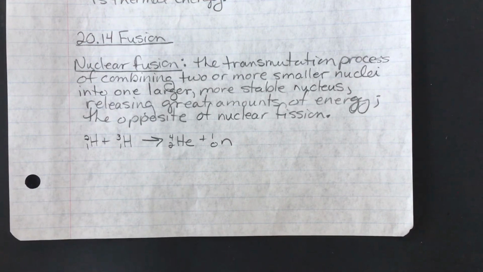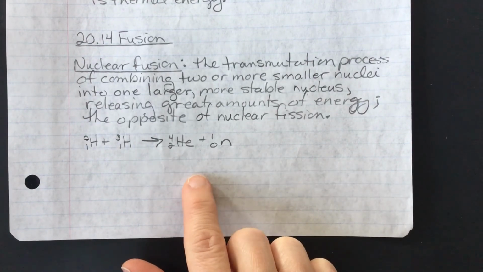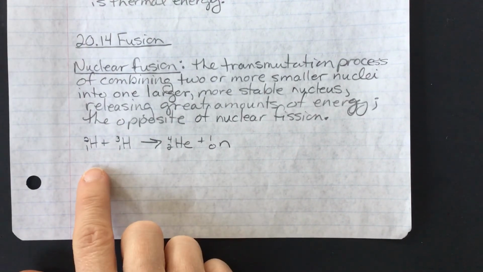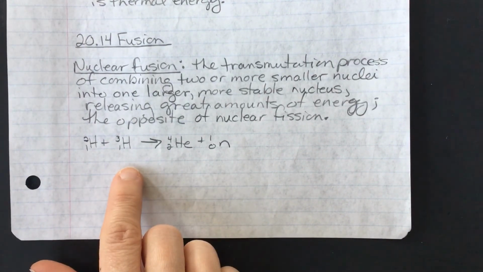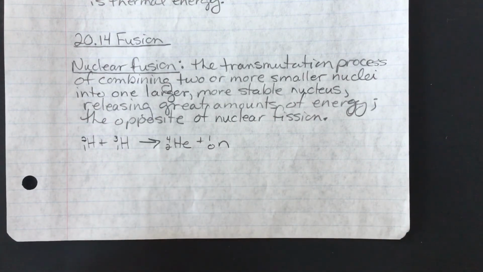The problem with it is that we would really like to harness this energy for our use here on Earth, because 1 gallon of water, because we would obtain the hydrogen from water, 1 gallon of water would be able to produce the same amount of energy as 300 gallons of gasoline, if we were able to use this form of energy.